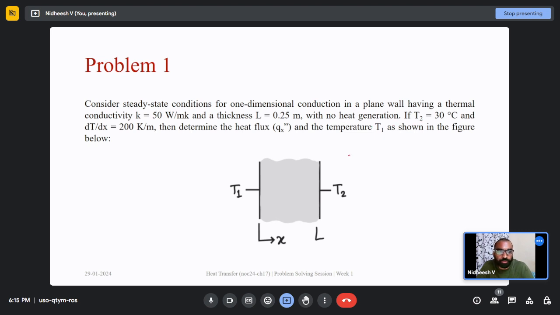If T2 is equal to 30 degrees Celsius and dT by dx, that is the rate of change of temperature in the x direction, equal to 200 Kelvin per meter, then determine the heat flux and temperature T1 as shown in the figure. Just take a minute to comprehend the question, then we can see how we will solve this problem.